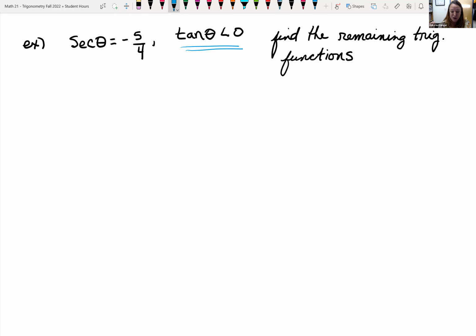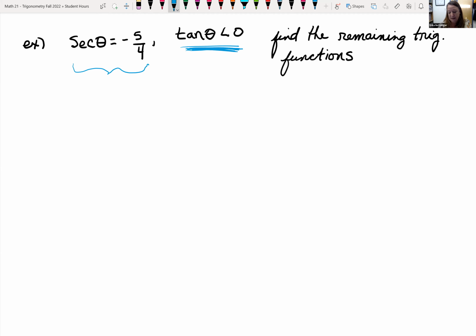Now let's look at the other trigonometric function, secant theta. It's negative, it's -5/4. So I think to myself that secant theta is 1 over cosine theta. So it's wherever cosine theta is negative, which is in the second and third quadrants. That overlaps with tangent theta being negative.